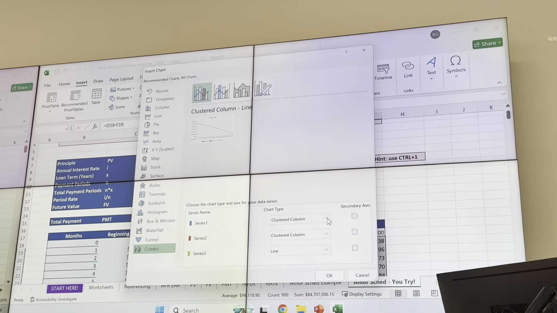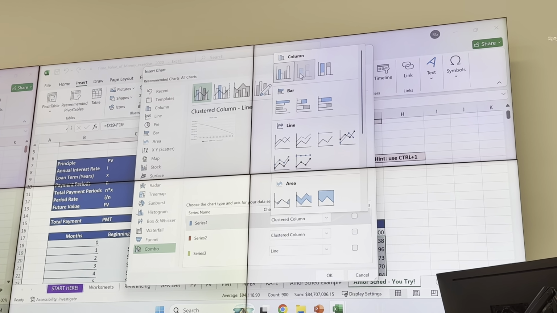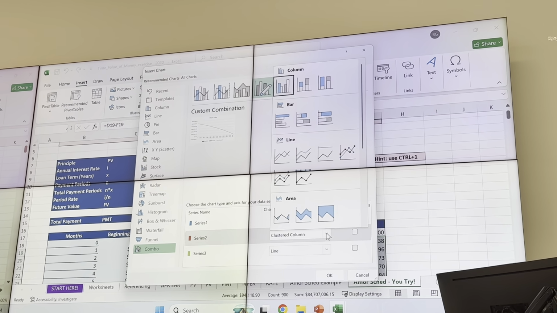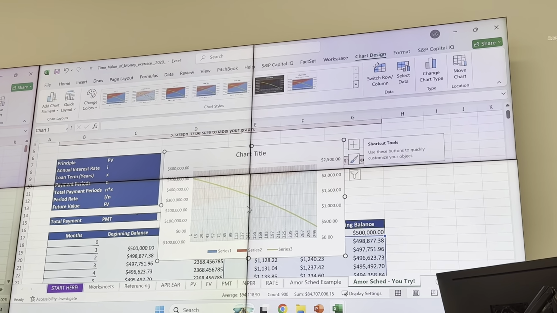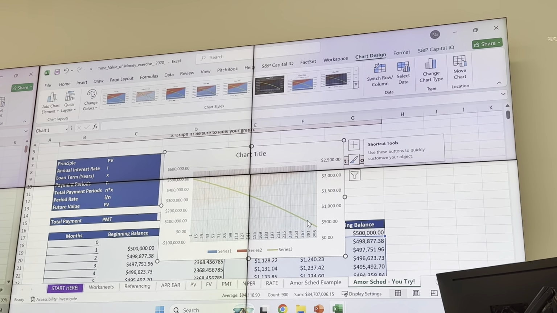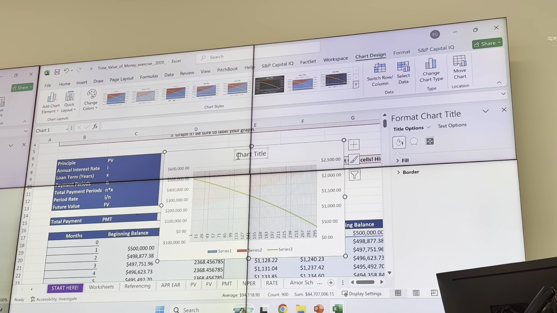Under combo, select the first one as a line chart, not just a column chart, the second one as a stacked chart, and the first two as secondary axis, and this is the graph. This shows how over time your principal payment increases, and over time your interest changes. You can change the title of your chart, amortization schedule.